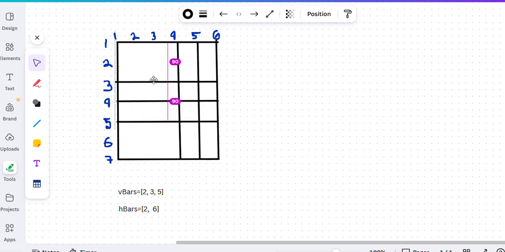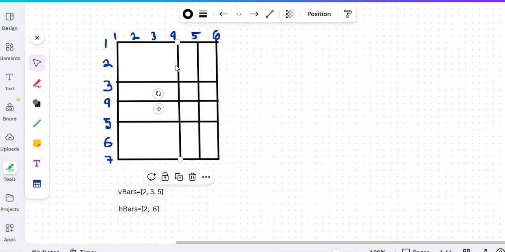For example, here we have 3. Now the grid looks like this. Both the holes present in the grid, after removing the possible vertical bars and horizontal bars, have the rectangular shape, but we need the square shape.